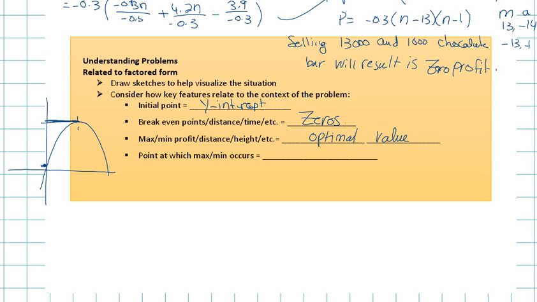It's part of the vertex. It shouldn't say points here, it should say value. I know why you're saying that, Leo. Technically, it should say the value at which max or minimum occur.